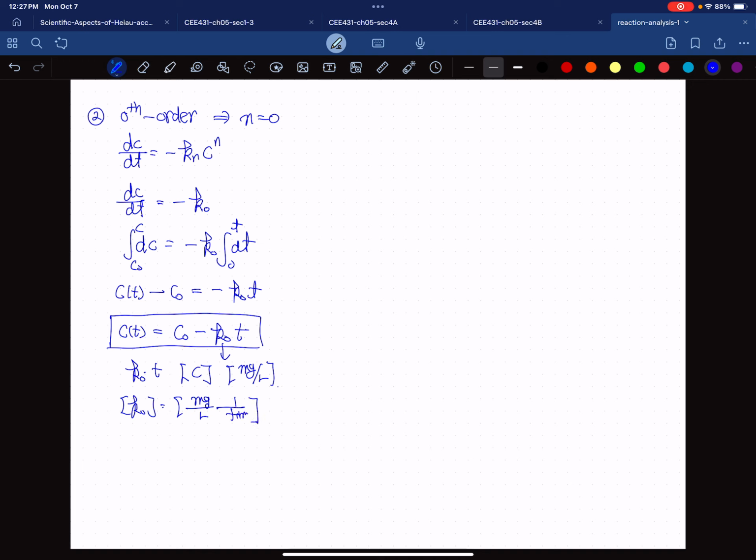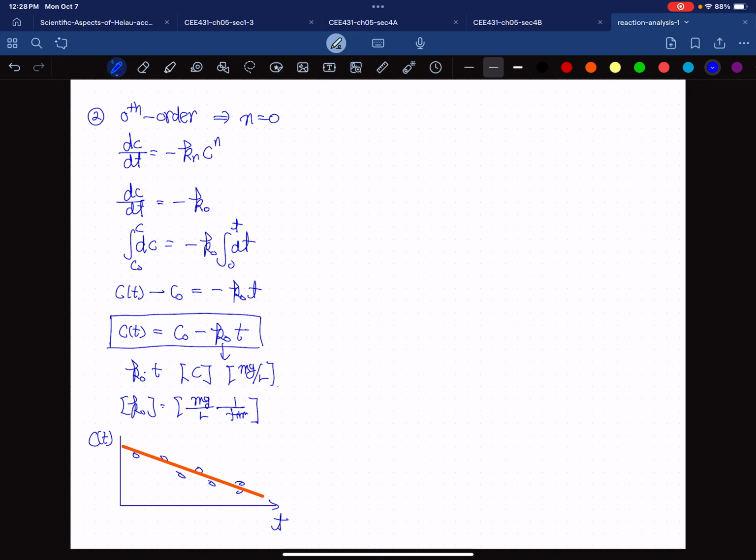In that case, you could plot time t on the x-axis and C(t) on the y-axis. If you observe this line, you could draw a straight line, like a linear regression.